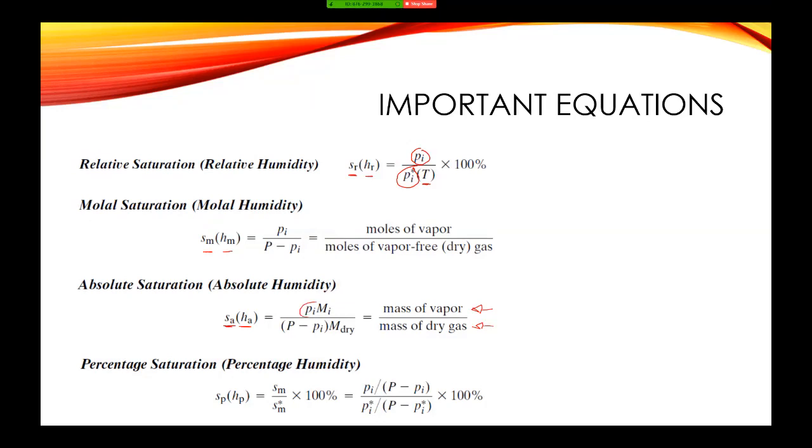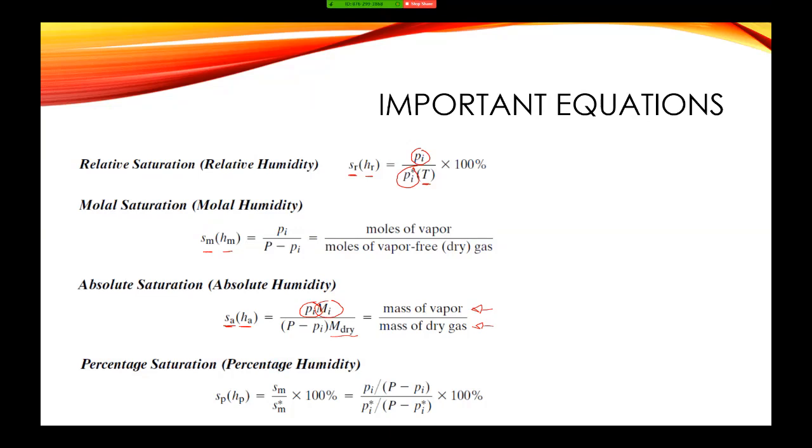So the partial pressure of the condensable component times the molar mass of that component. If you remember, the partial pressure is equivalent to the molar fraction, so it's the same thing. The partial pressure times the molar mass, and then for the dry gas, we subtract from the total pressure the pressure of the condensable vapor, and we multiply by the molar mass of the dry gas, whatever it is.